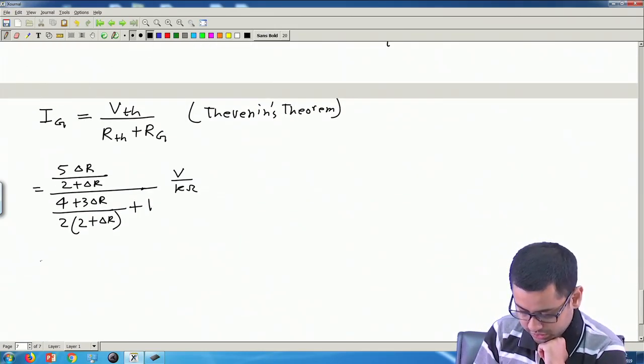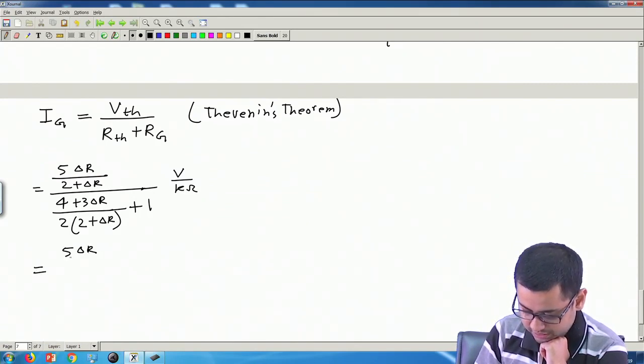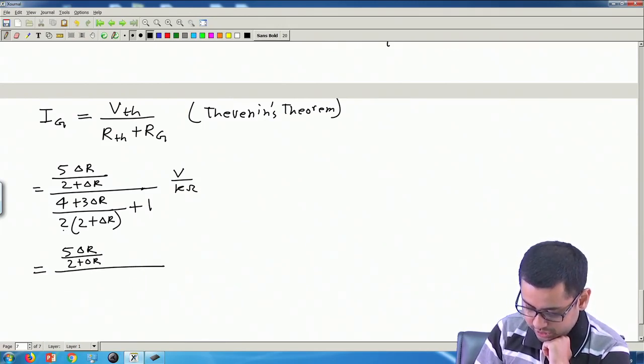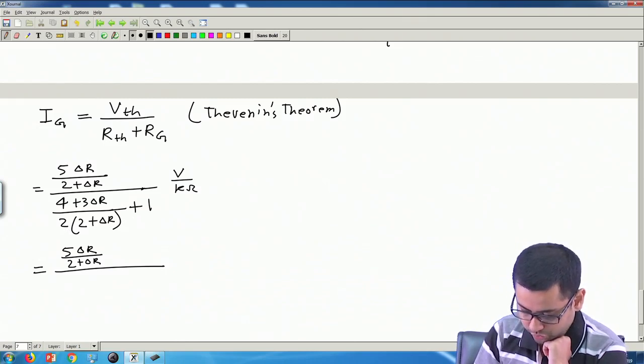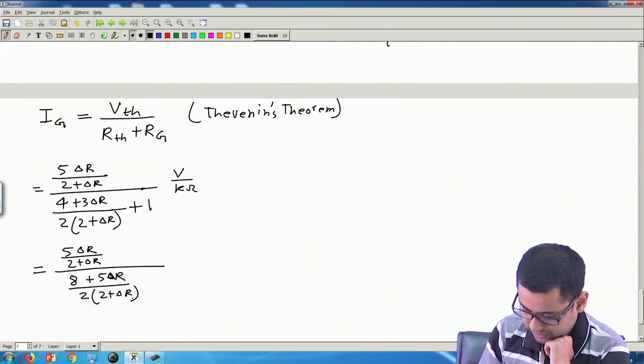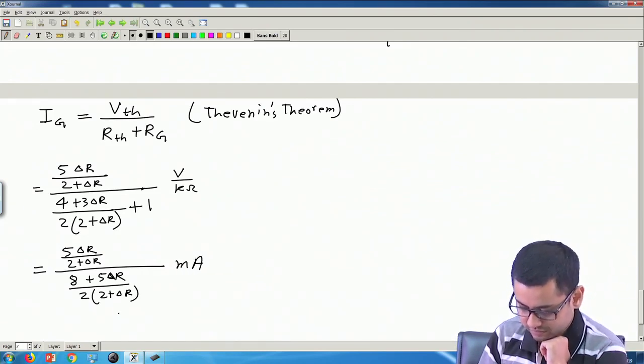Now we can write this as 5 delta R divided by 2 plus delta R, whole divided by the denominator: 4 plus 4 is 8, and 3 delta R plus 2 delta R is 5 delta R, whole divided by 2 into 2 plus delta R. This is volt by kiloohm, so the current is in milliampere.